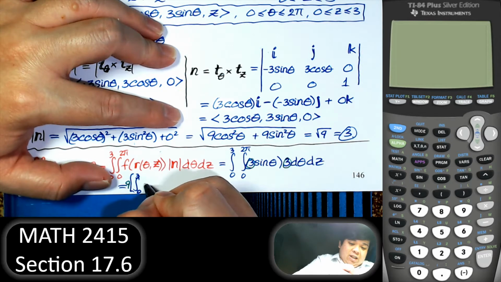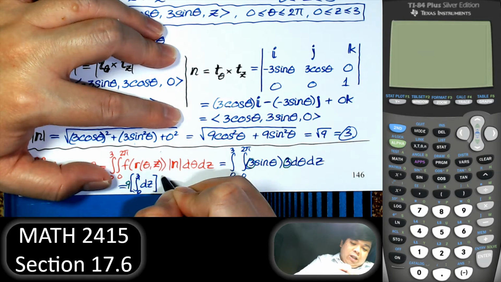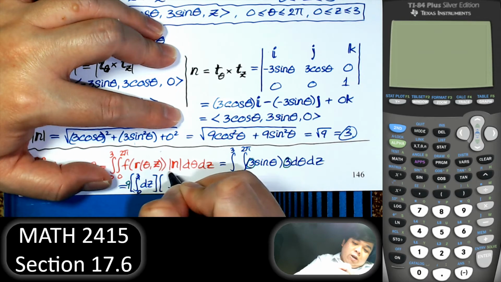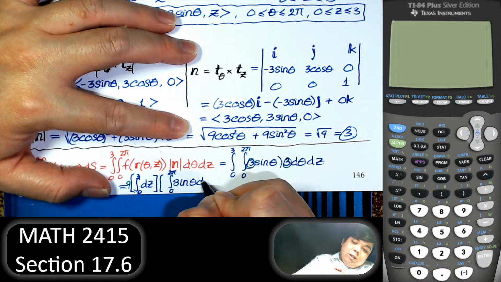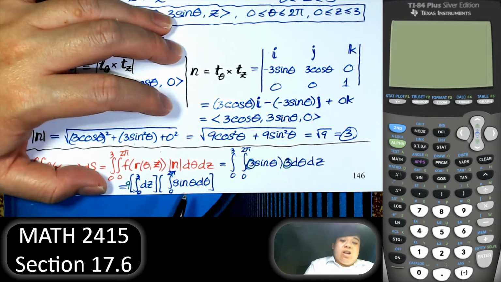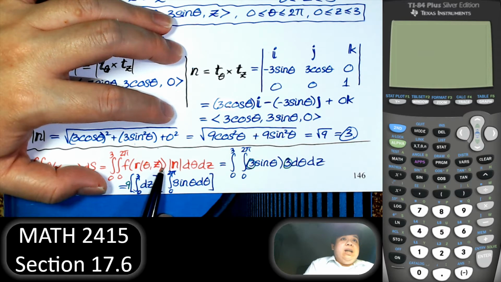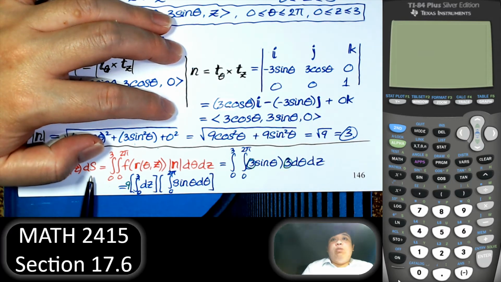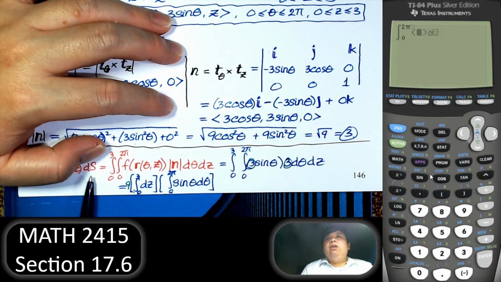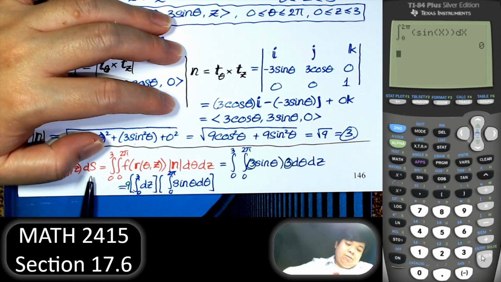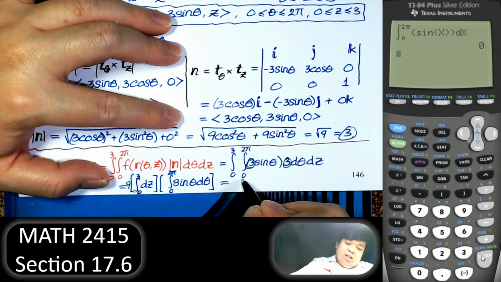And then we just have dz going from 0 to 3, and then 0 to 2 pi we just have sine of theta. Now we talk about the sine. If we go one complete period, whether sine or cosine, then that will be equal to 0. So this is 0 times something. This is 0 anyway.